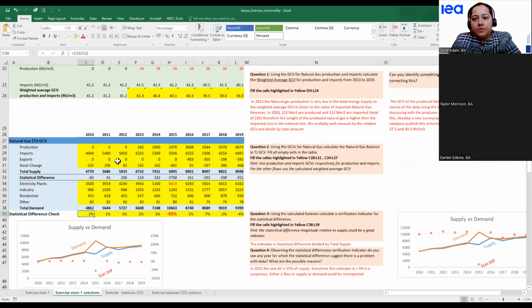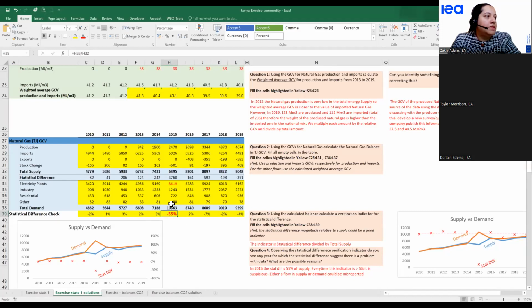And usually what we do, even at the IEA, we have those checks within our energy balances, is that we calculate the share of statistical difference from total supply. So you will calculate how much is your statistical difference over your total supply. And for 2010, it's 2%, and 2019, it's 4%.